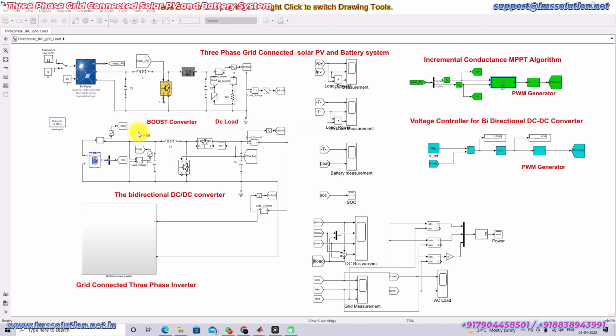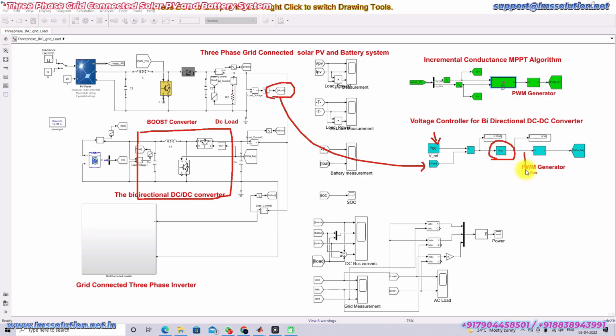Next we have the bidirectional DC-DC converter. When we control this converter as a voltage controller, we measure the DC bus voltage and compare it with the reference voltage, because here we are going to maintain the DC bus voltage at 700. We compare the DC bus voltage to 700 and process it with a PI controller.